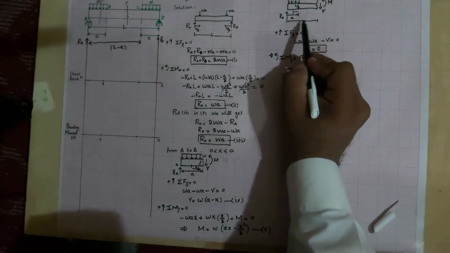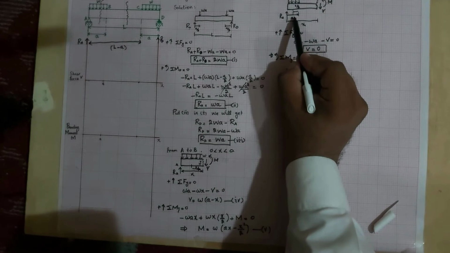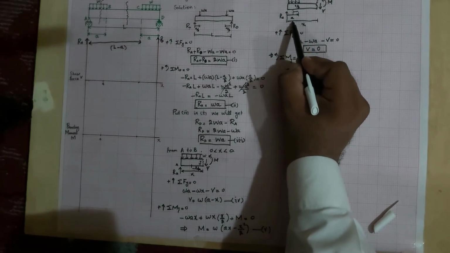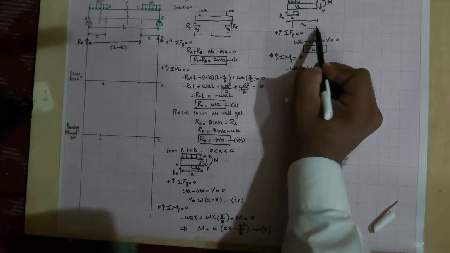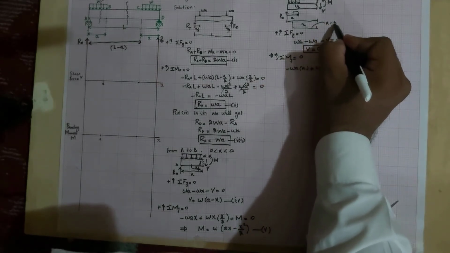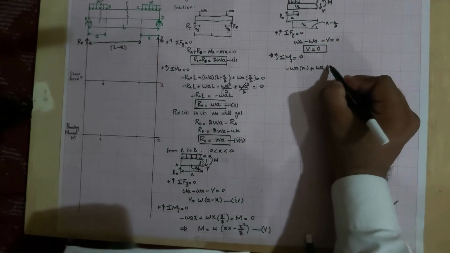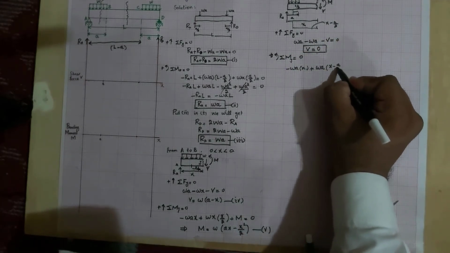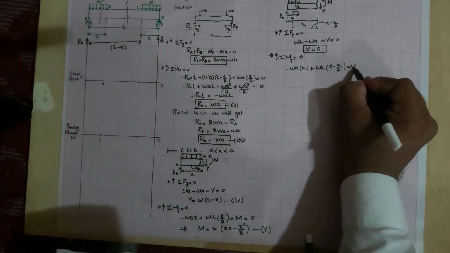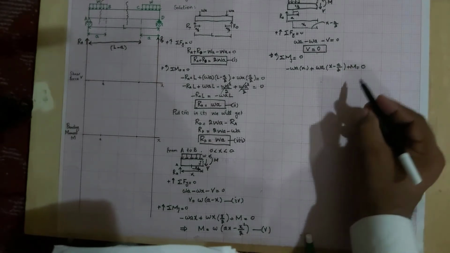Clear? So this distance is A by 2 and this is X. So the remaining distance from this point to this point is X minus A by 2. So we will write X minus A by 2 plus this external moment, that must be equal to 0.